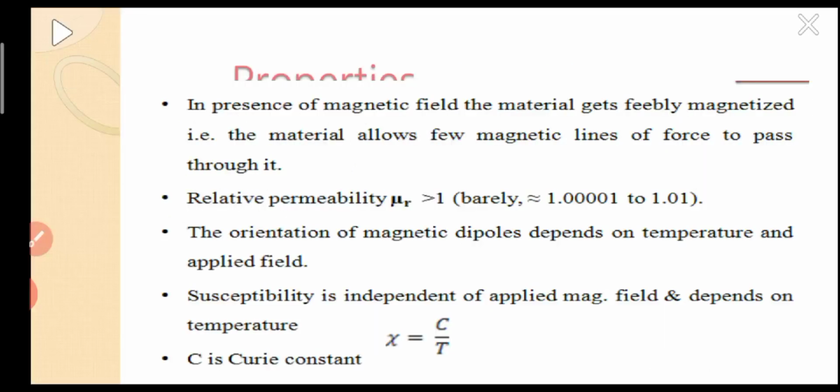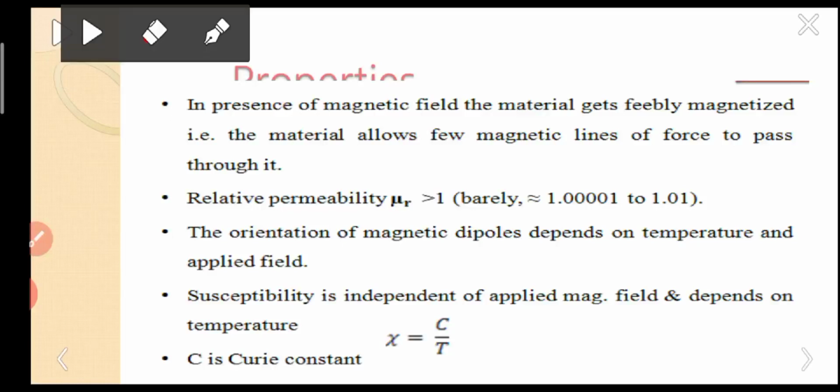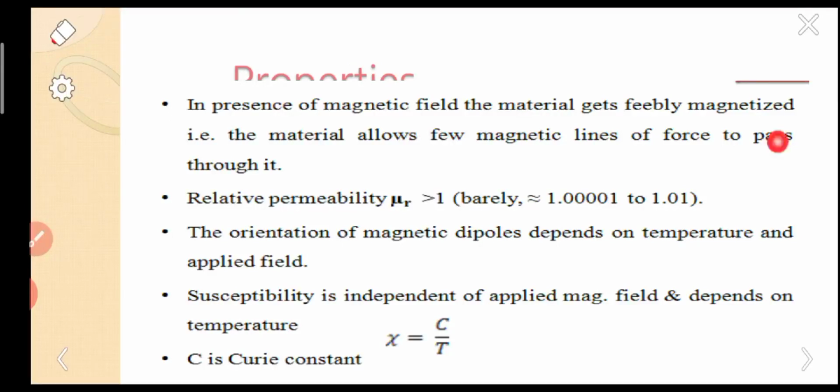If we look at the properties, in presence of a magnetic field the material gets feebly magnetized. That material allows only a few magnetic lines, so relative permeability is greater than 1. In paramagnetic materials, the orientation of magnetic dipoles depends on temperature and applied field.